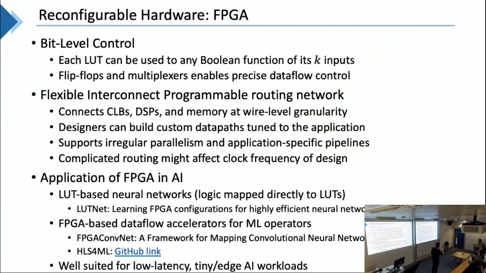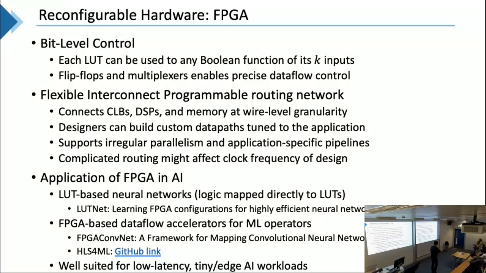This CLB represents reconfigurability with bit-level control, because each lookup table can be used for any Boolean function you want. And this flexible interconnect routing network makes the FPGA very, very flexible. Let's say you want to connect the CLB at the rightmost to the leftmost. The flexible interconnect also makes it possible.